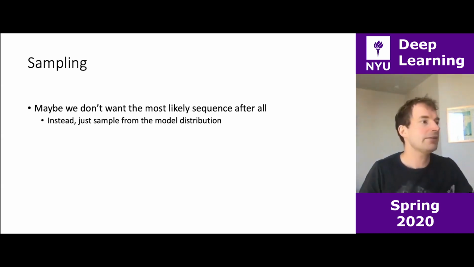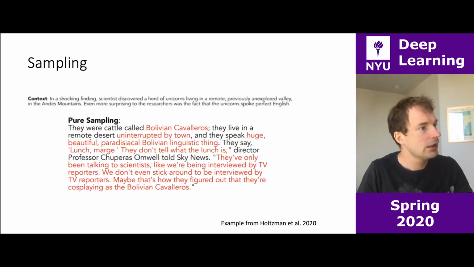However, that's not actually a very good experience or a very good system. So how about if instead of taking the max, we sample from the model distribution instead? This is conceptually appealing, but it doesn't actually give you very good outputs. This is again the result of sampling on that same input.